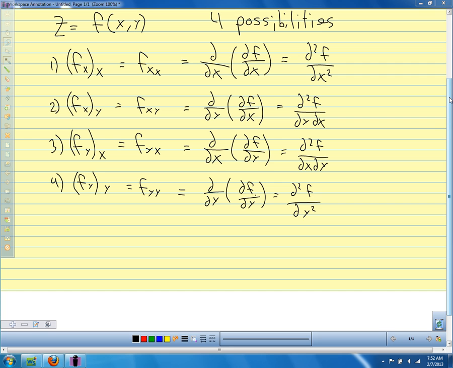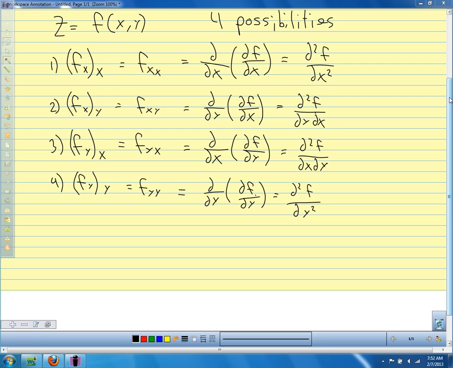So those are our four possibilities for second partial derivatives, and we can continue with the same kind of notation, same order, same kind of thinking for third order partials or fourth partials or fifth partials. When you start doing higher order partial derivatives, there's a lot more possibilities.